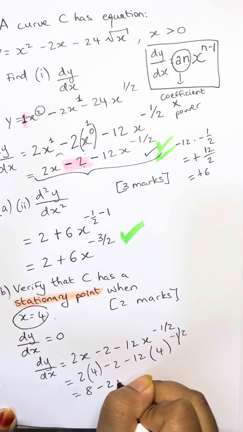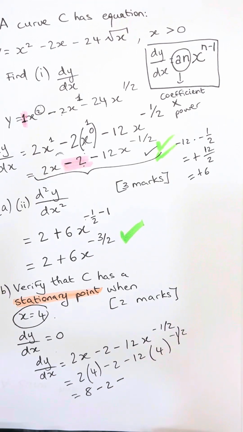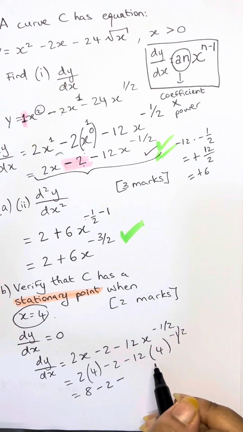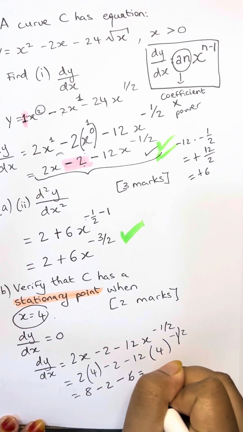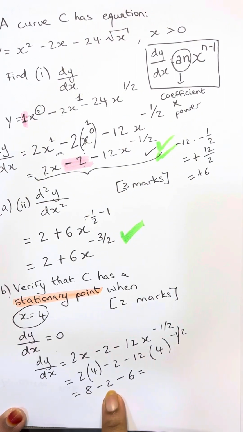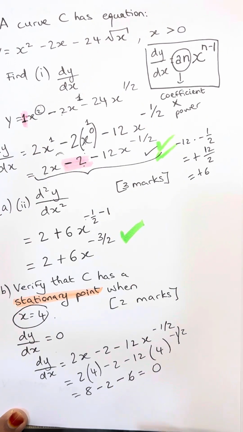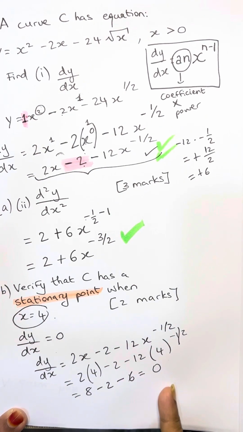Take away 2. Take away 12 times 4 to the power of minus a half. That's 1 over square root of 4, which is just a half. Yeah. So 12 times a half, that's just minus 6. So let's have a look. 8 take away 2, that's 6. 6 take away 6, that's 0. So yes, dy by dx does equal 0.